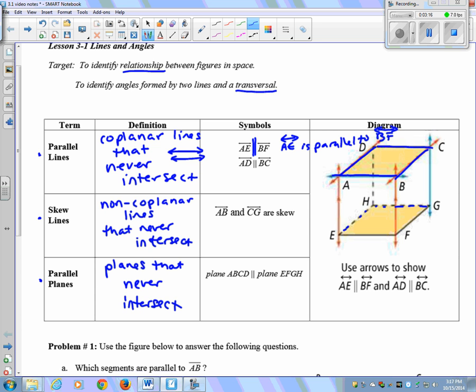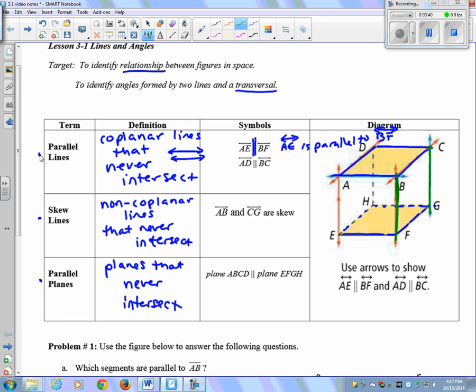If you think of a box or a cube, the top and the bottom would be parallel to each other. The front and the back would be parallel to each other. Those are parallel planes. But when you look at the edges of this box, like this line segment BF and this line segment CG, those are parallel to each other as well.